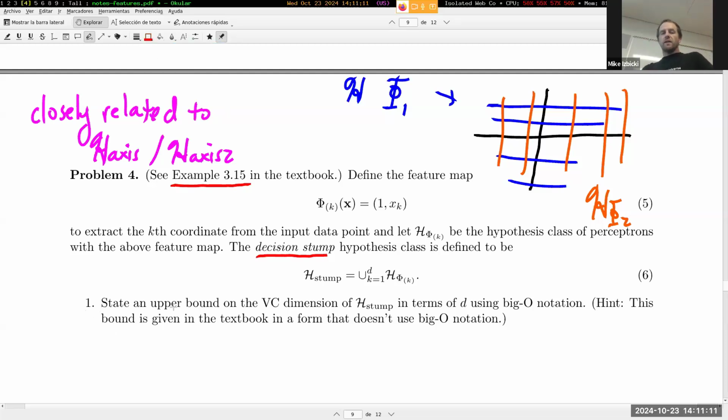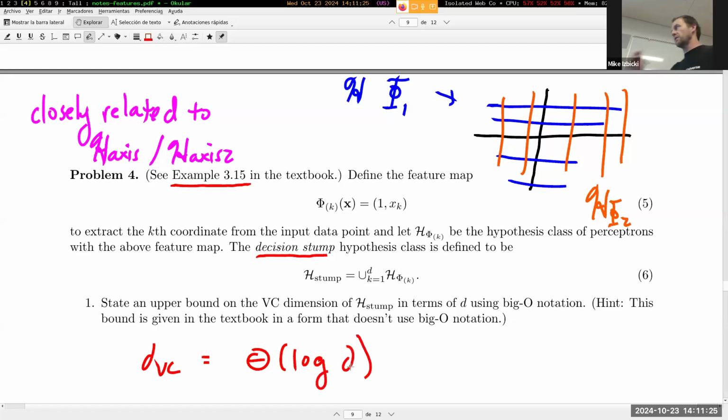Part 1 of problem 4: state an upper bound on the VC dimension of H sub stump in terms of D using big O notation. So here the d_VC is just equal to theta of log of the total number of dimensions.